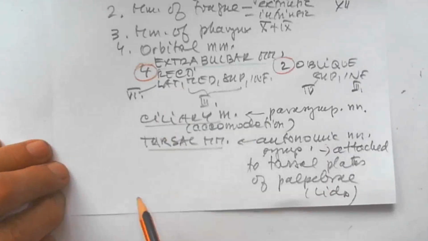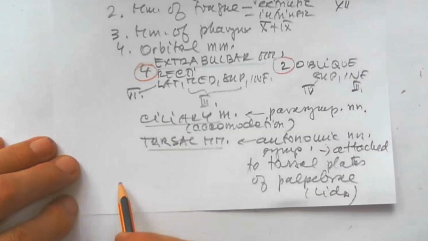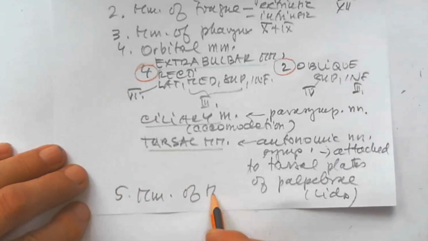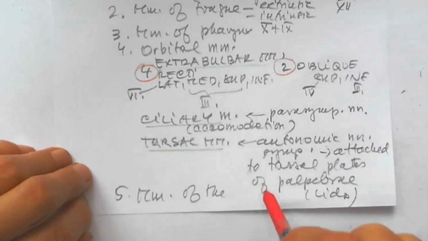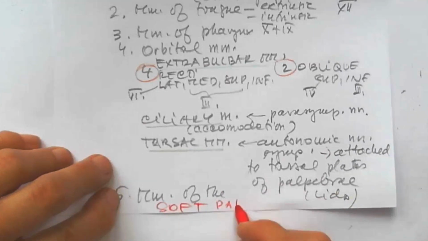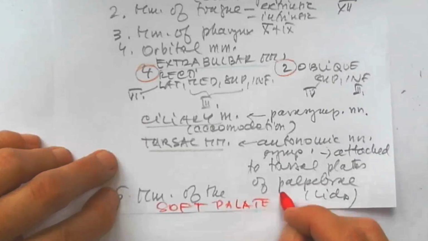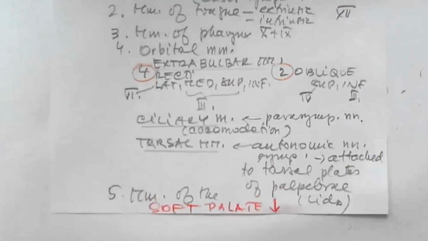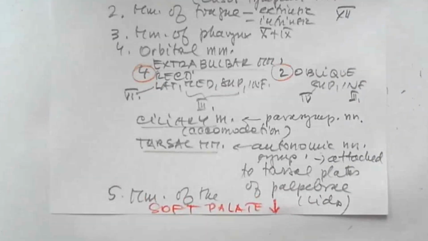And finally, number 5, muscles of the soft palate. There is no place here, but on the next page we will see the muscles of the soft palate. They are regular muscles responsible for the movements of the palate.